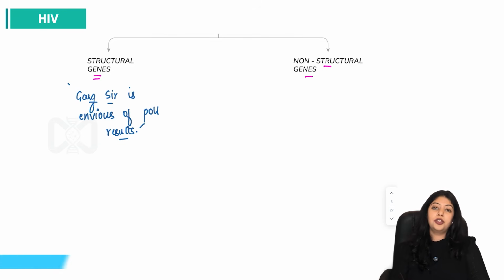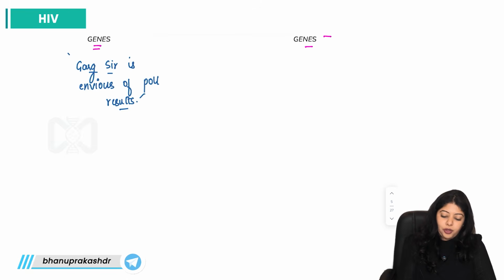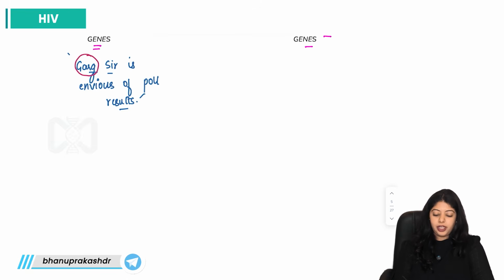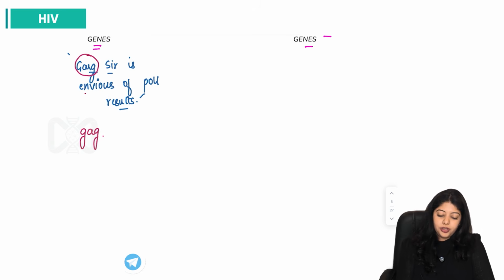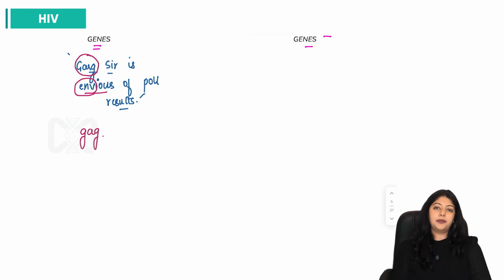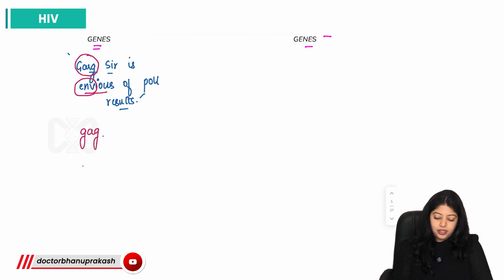So what are these structural genes? From WWE, we derive the first gene, that is GAG. Then the second structural gene, from envious, is ENV.